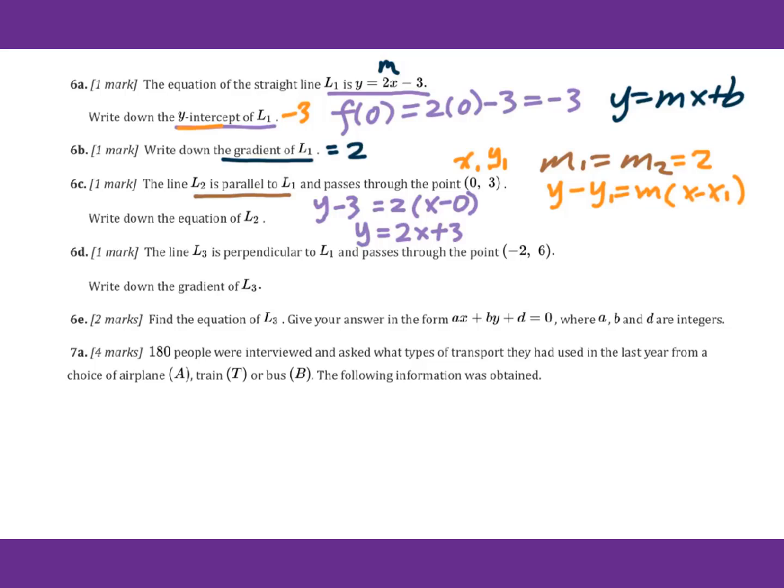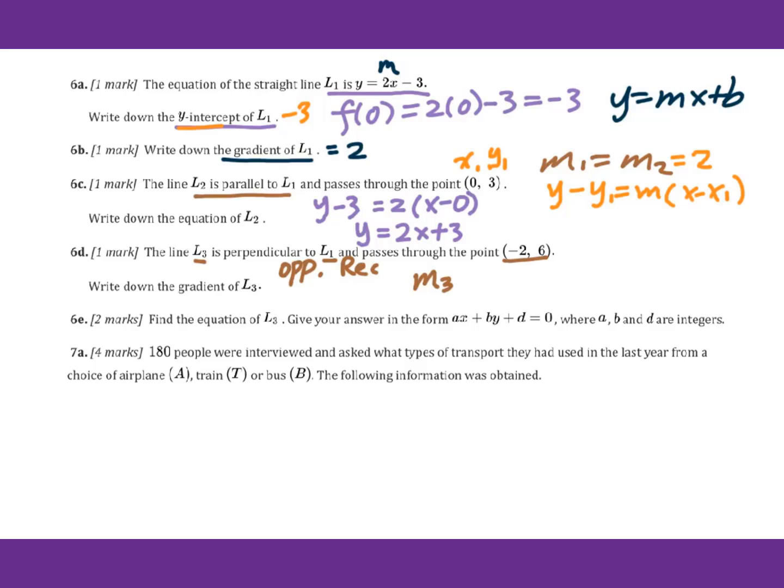6d, the line L3 is perpendicular to L1. You will do opposite and reciprocal. It passes through the point (-2, 6). Write down the gradient of L3.